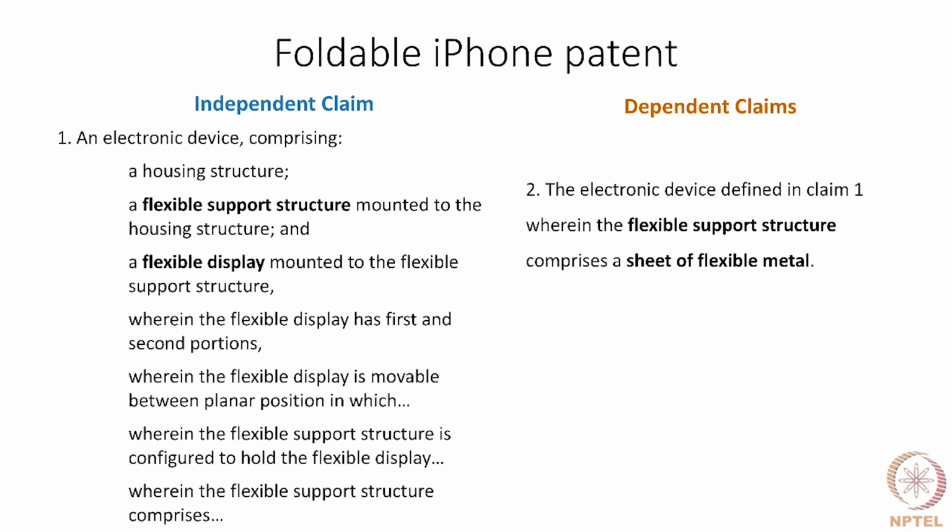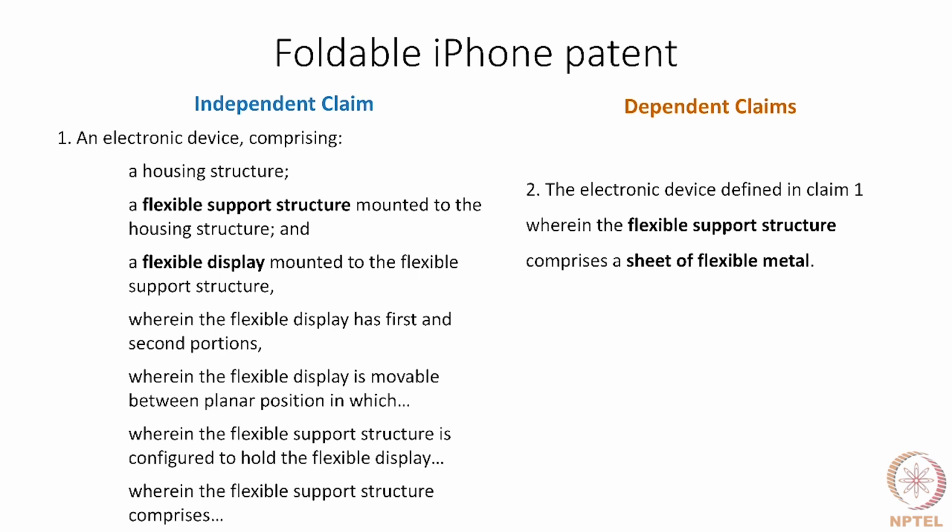So now you can see that the dependent claim cannot be read without looking into the independent claim, because it cross-refers to claim 1. It cross-refers claim 1, and because claim 1 is introduced by cross-reference, you have to read claim 1 to understand the full impact of claim 2. So this is a way in which dependent claims are written. Dependent claims need not recite the entire elements described in the independent claim.